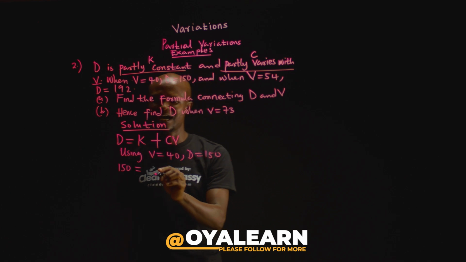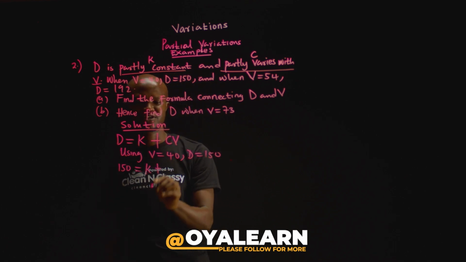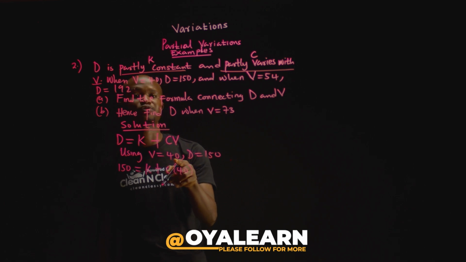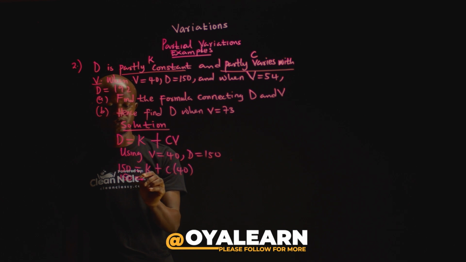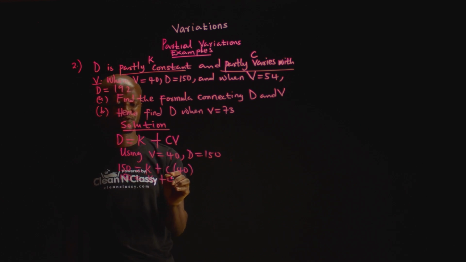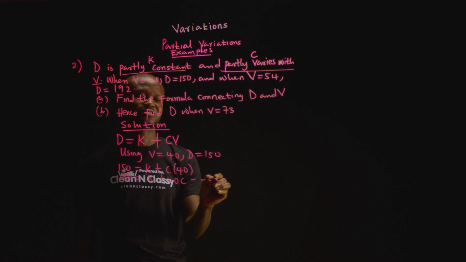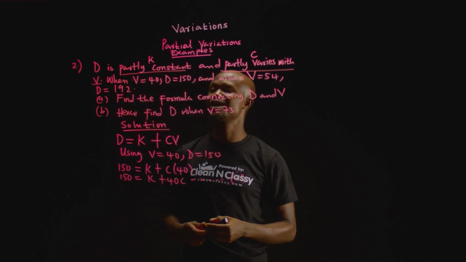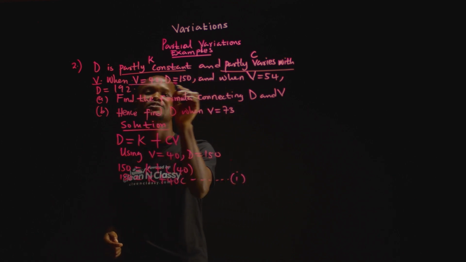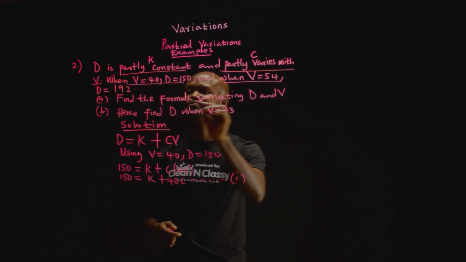Then we have K plus C into 40. Anywhere we see V, we put 40. So we have 150 equals K plus 40C. This represents the first equation. Now we need to get the second equation.